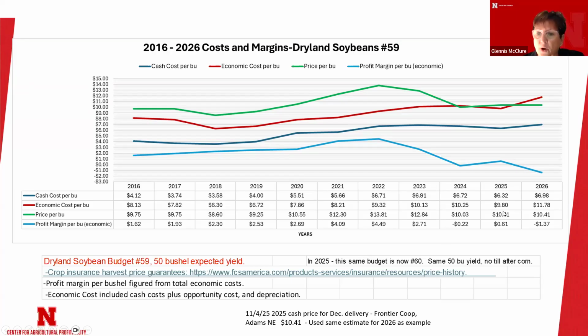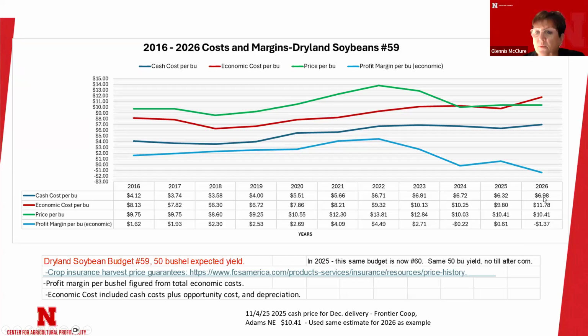We're looking at a 10.41 price from Adams Frontier Co-op today for December delivery. And if we were looking at that with our 2025 costs, cash costs and economic costs, we'd have a 61 cent over economic cost, 61 cent plus.